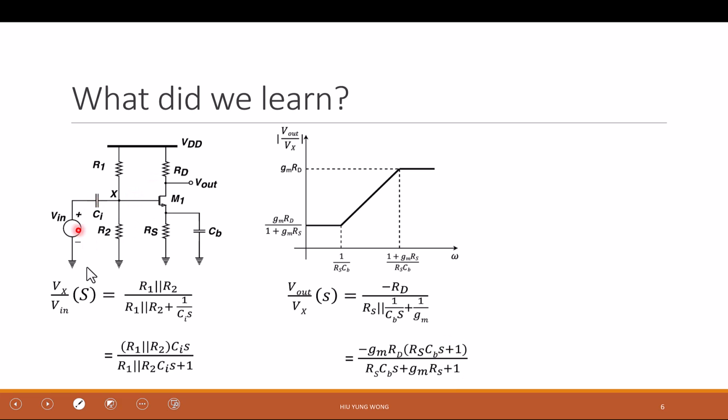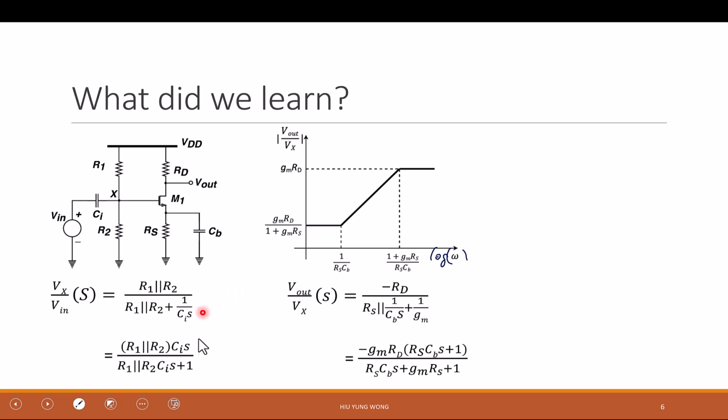However, I'm interested in the transfer function of this whole circuit, so I also need to know Vx divided by Vin. This is just a simple voltage divider. Based on this, we find that I have a 0 at negative infinity if I take the log, so this is not accurate. This should be log of omega instead of just omega.